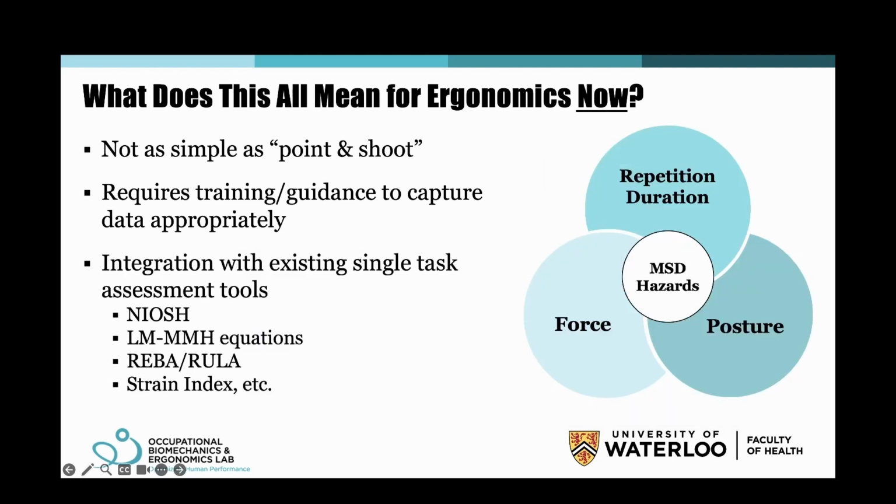Now, also in what's happening now is we're seeing a lot of these companies integrating existing single task assessment tools like NIOSH, Strain Index, REBA, RULA, Liberty Mutual Equations. Starting to see a little bit of hand activity level as well, depending on the company.